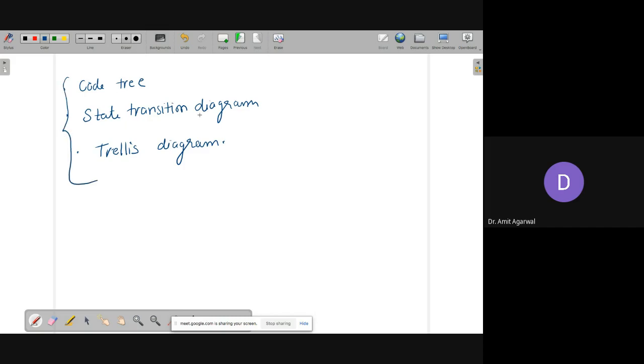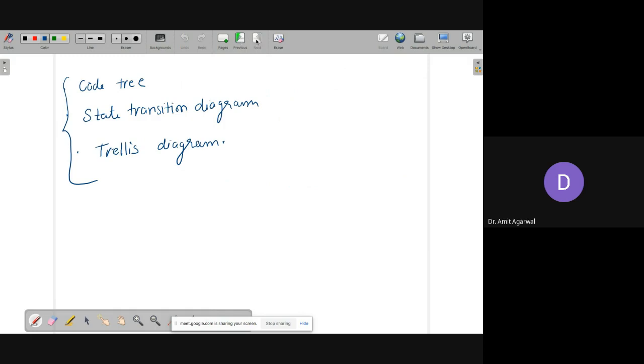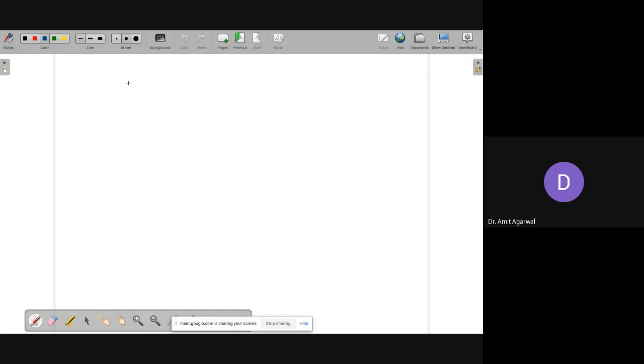I would suggest to start with the state transition diagram first. Generally, in books we start with the code tree, but we start with the state transition diagram. So, in this same example, this is our present input, and these are the two states.